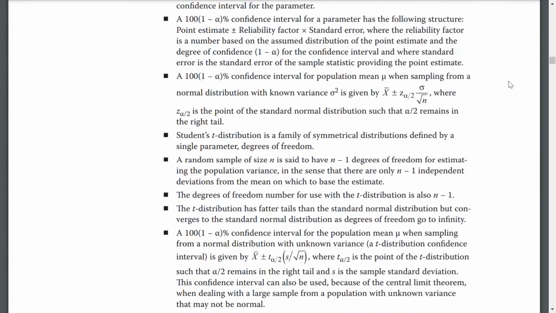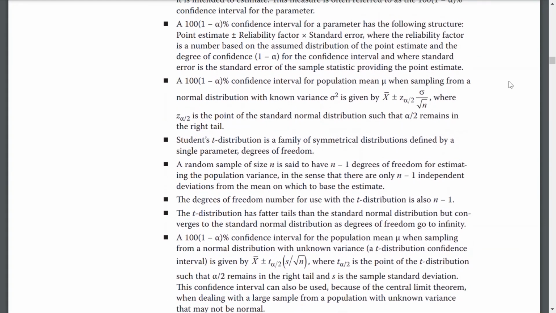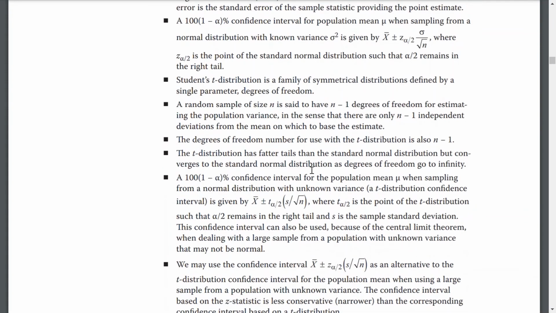A 100 multiplied by 1 minus A% confidence interval for the population mean mu has a sampling variance of this and this. Student's t-distribution is a family of symmetrical distributions defined by a single parameter, degrees of freedom.